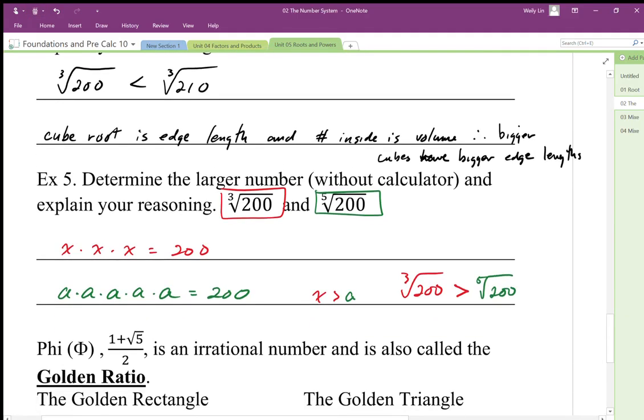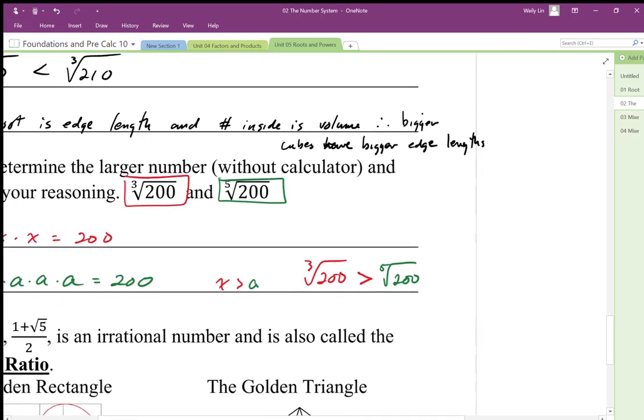And this is a generalization we can make. We can say that the higher roots generally will give us smaller numbers. Now there is an exception: if the actual number that we start with is less than 1, then that is the opposite relationship. I'll give you an example over here.